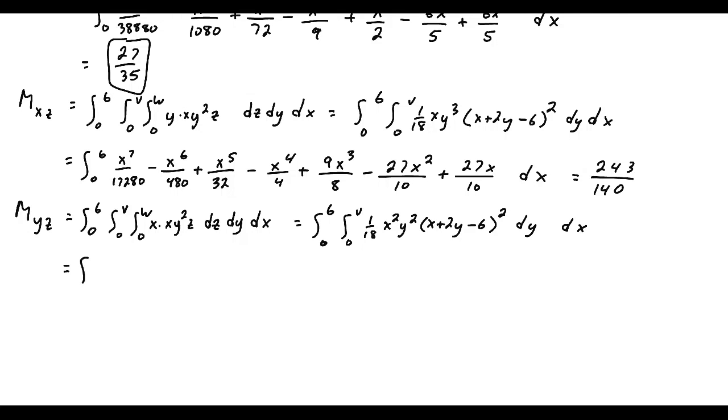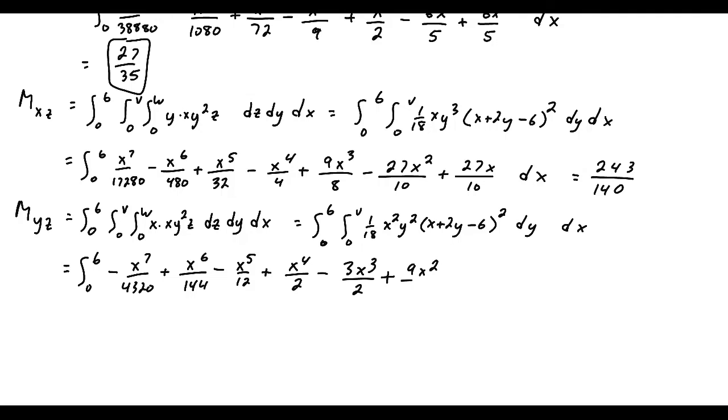Evaluating the next integral, this becomes the integral from 0 to 6 with respect to x of negative x to the 7th over 4,320 plus x to the 6th over 144 minus x to the 5th over 12 plus x to the 4th over 2 minus 3x cubed over 2 plus 9x squared over 5, and we can find that value to be 81 over 35.